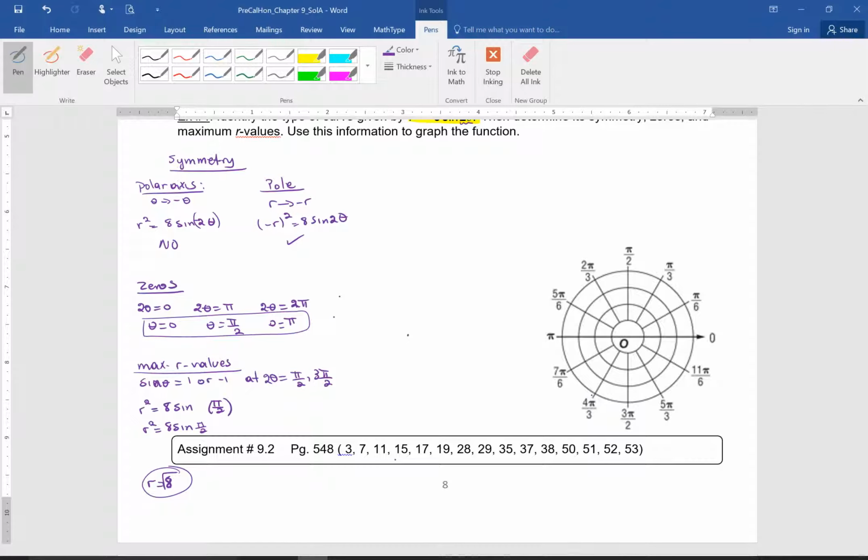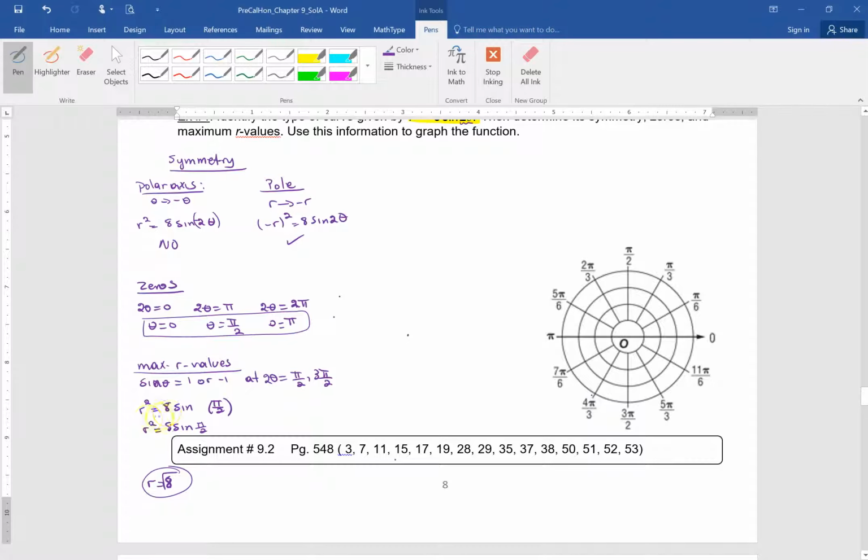Okay, so what I want is, sine has a maximum of 1 or minus 1, right? Well, sine goes from 1 to negative 1, always, okay? All right, when does that happen? When the argument of the sine is either pi over 2 or 3 pi over 2, right?